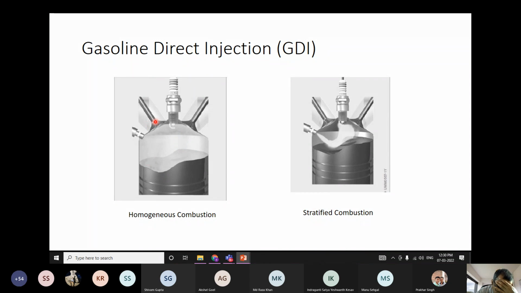We have to measure how much air flow rate is coming inside the combustion chamber, and the air fuel ratio should be stoichiometric. So we know the mass flow rate of the air. Accordingly, we can inject the fuel quantity to maintain the stoichiometric air fuel ratio.